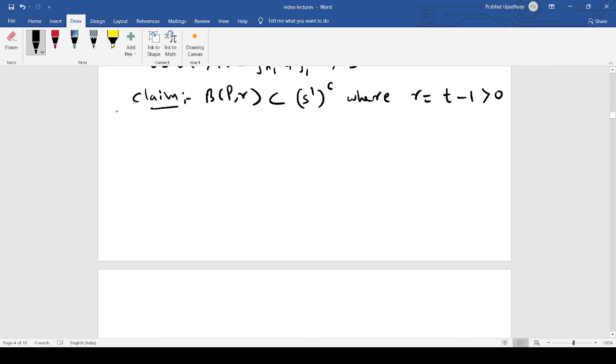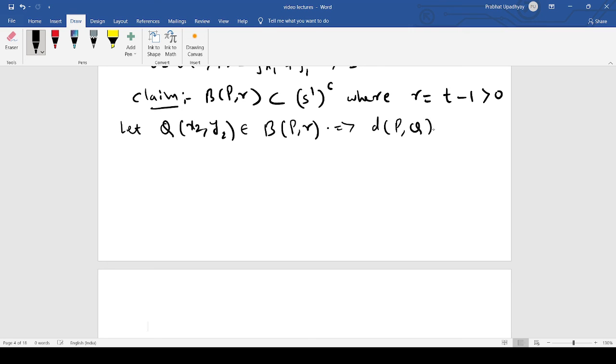For that, let an element Q with coordinates x2, y2 belong to the open ball B(P, R). This will imply the distance between P and Q is strictly less than R. We want to prove this point Q belongs to the complement of S1. That means the distance of Q from 0 is not equal to 1.